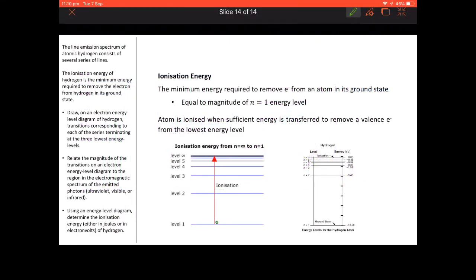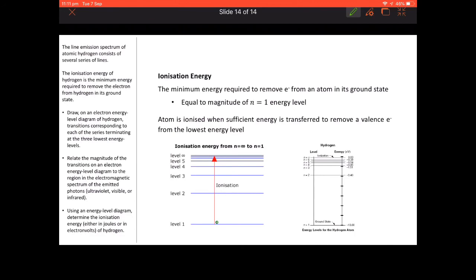And lastly, we'll just take a look at the ionization energy. This is the minimum energy required to remove an electron from an atom in its ground state, and it's equal to the magnitude of the n equals 1 energy level.